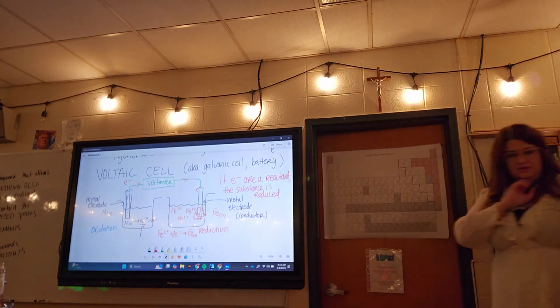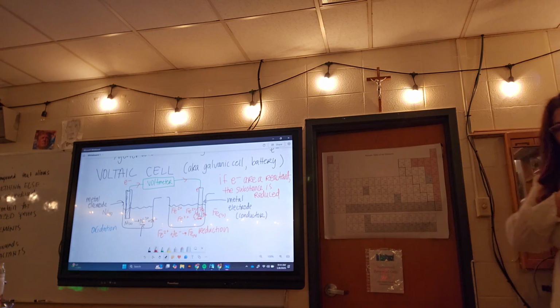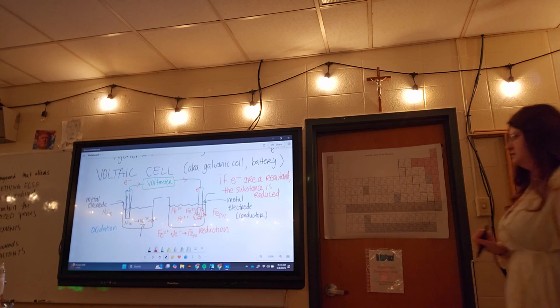So again, this is something that's easy to remember because of the letter R. If electrons are a R reactant, the substances are reduced. So hopefully that can help you to remember those things. It is something that you do have to memorize, but like I said, it's easy to remember.